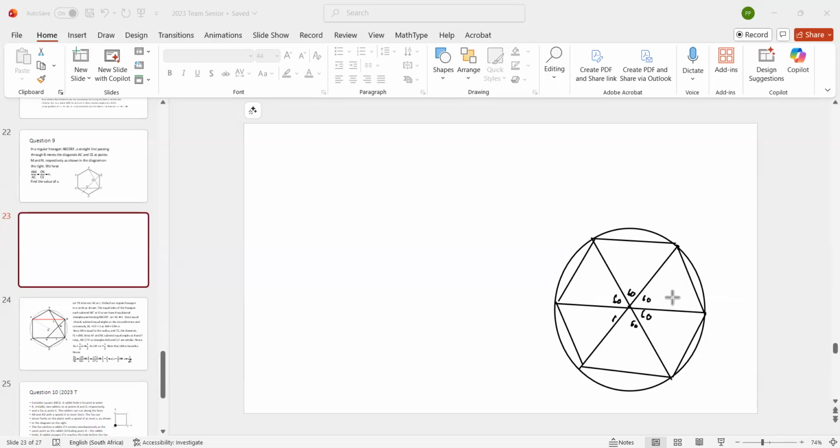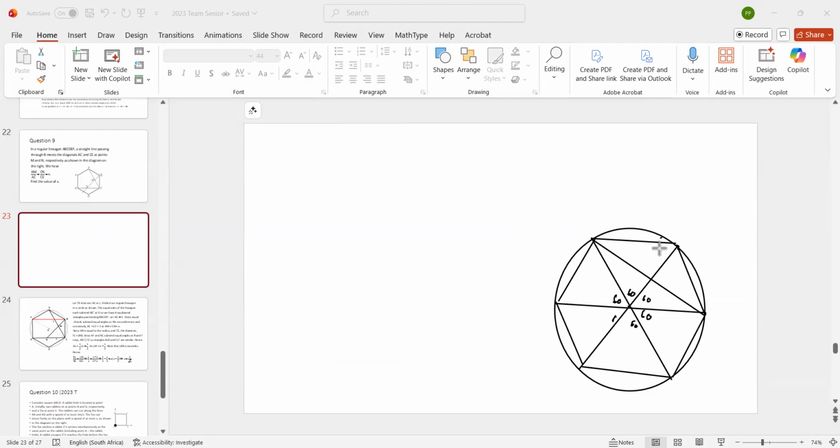And there are 6 equilateral triangles here. So there are a lot of interesting things that happen here. You can see, for instance, one diagonal looks like this, the short diagonal. Then you've got a secondary diagonal like this.